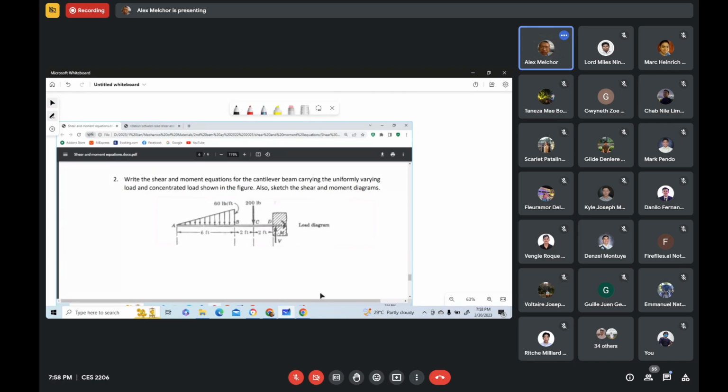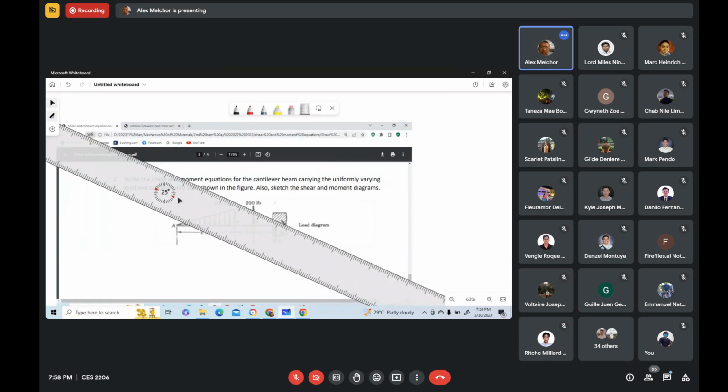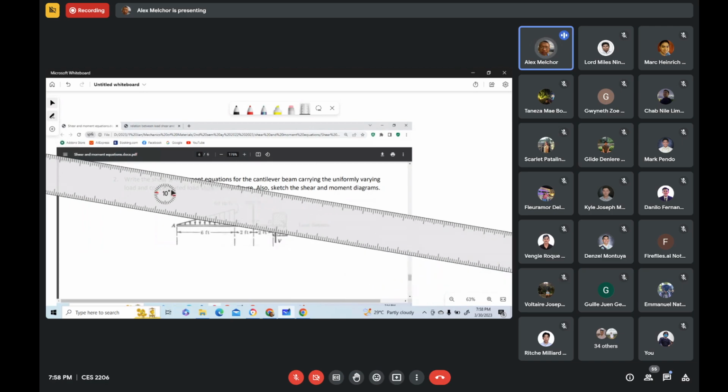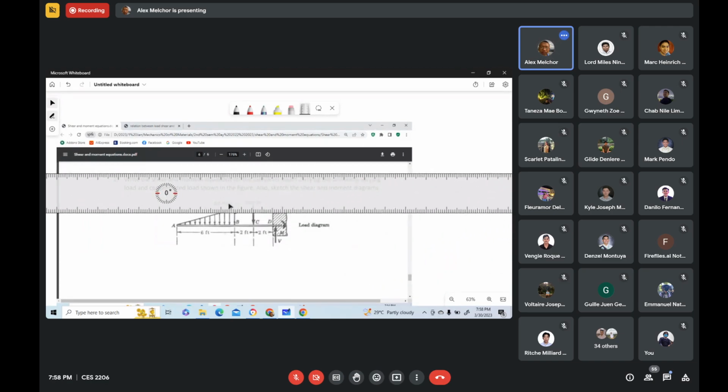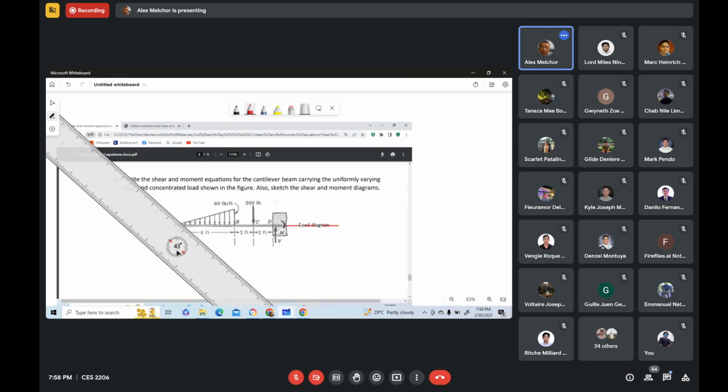Consider the horizontal axis as our x, and the vertical axis as our y.